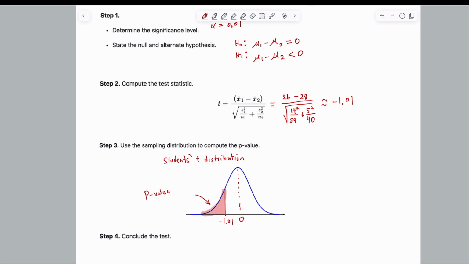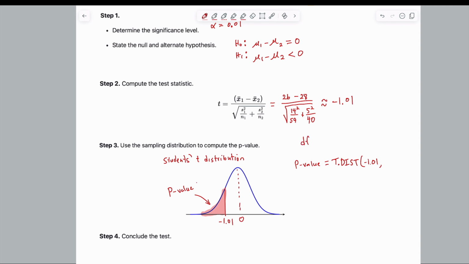And the p-value, the way you would calculate it, is using some kind of technology. So for example, using Excel, I would type in equals, not norm, but my apologies, T.DIST, the test statistic of negative 1.01, and the degrees of freedom.